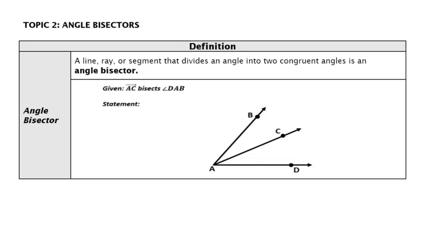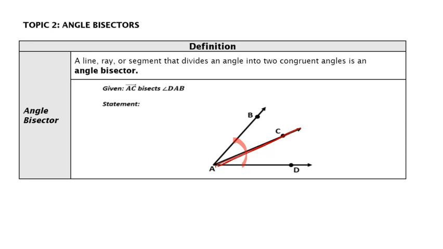The next definition we're going to talk about is an angle bisector. So angles and sides are different. So angles obviously are measured with degrees, like we kind of saw already. So if a line, ray, or segment divides an angle into two congruent angles, it's an angle bisector. So in this case, it says AC is bisecting this larger angle.